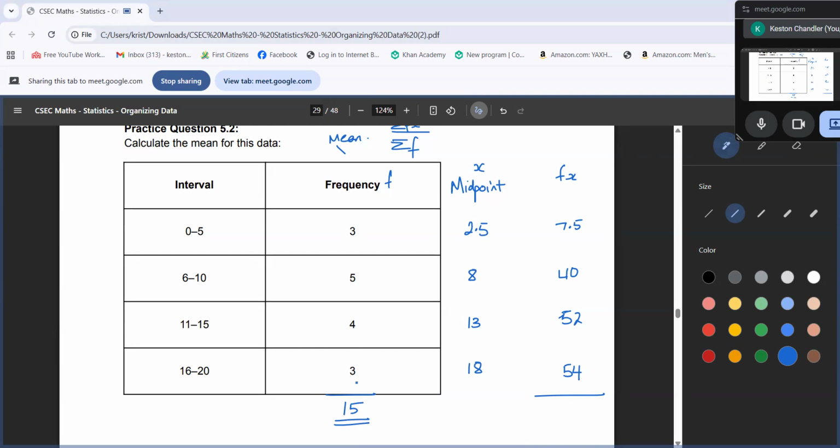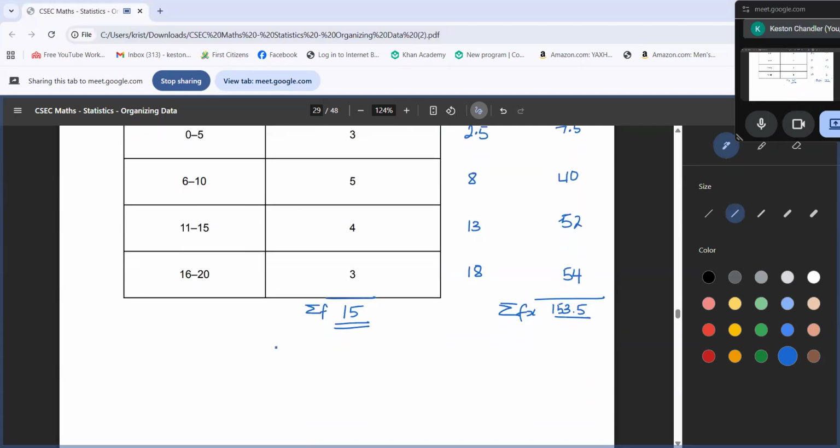7.5 plus 40 plus 52 plus 54, 153.5. Right, so this is our sum of f x here, and this is our sum of f.